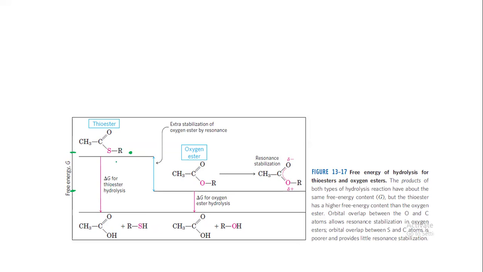So when a thioester and a simple oxygen ester undergo hydrolysis, they will produce products of almost similar energies. But here the difference of energy will be larger because the reactant was quite unstable compared to simple esters.